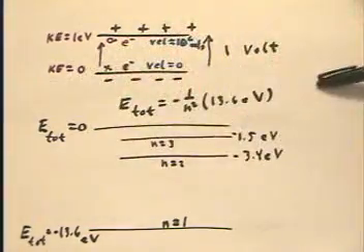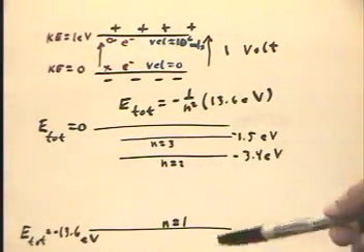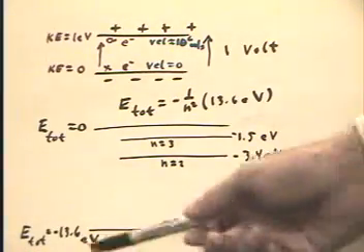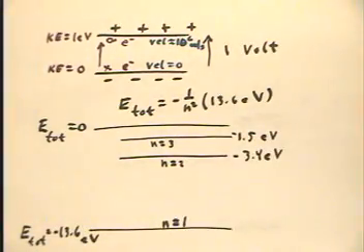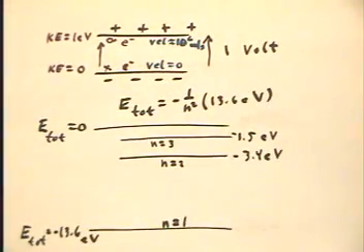Now the figure we have here is a schematic. When n equals 1, the total energy is negative 13.6 electron volts, as we saw before. This is 1 over n squared times negative 13.6 electron volts.